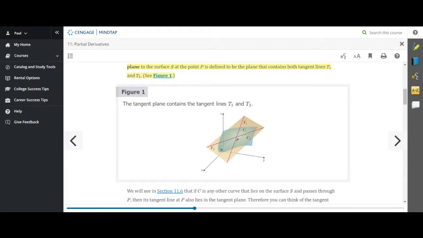So if we consider those two tangent lines, there's a plane that contains the two tangent lines, right? And we need to find the equation of that plane.